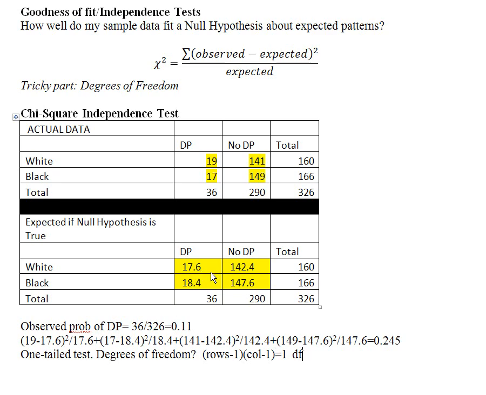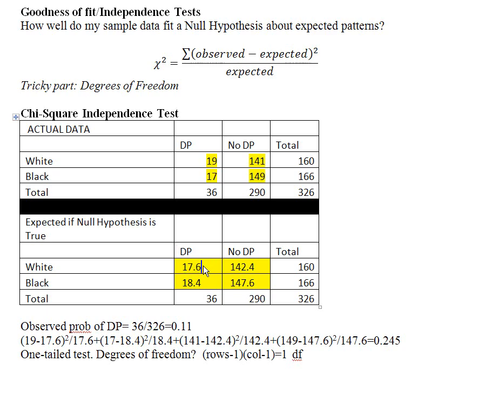Now why is that? The intuition I can give you is, remember when we were calculating this table, I said that every number in the yellow can be calculated from just knowing one of the numbers. That's actually what we did. That's a little bit of intuition to see why we only have 1 degree of freedom, and degrees of freedom is always related to how much information is contained in the test.